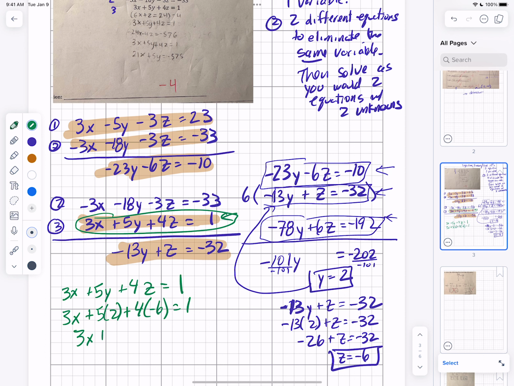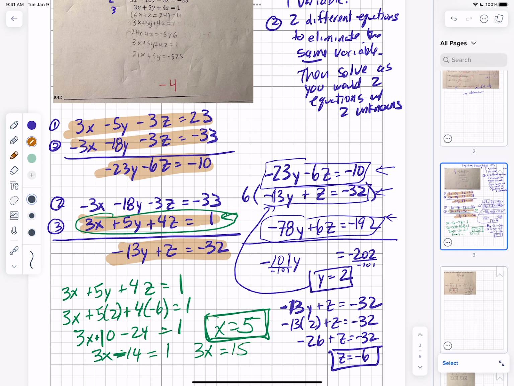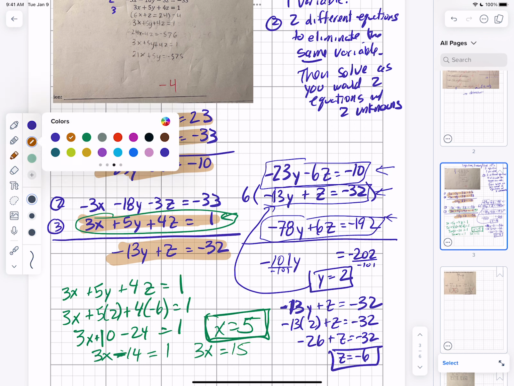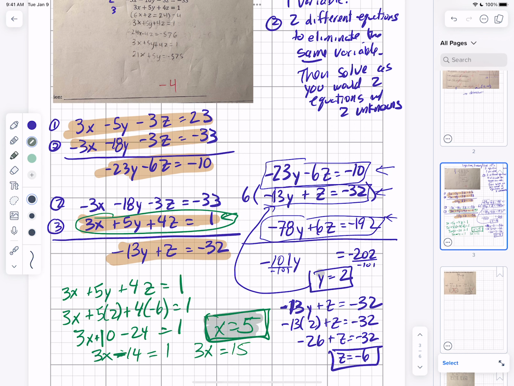So 3x plus 10 minus 24 equals 1. So 3x minus 14 equals 1. 3x equals 15. So x equals 5. So x is 5. Y is 2. Z is negative 6.